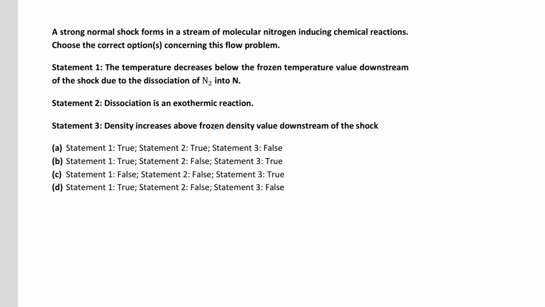The temperature decreases below the frozen temperature value downstream of the shock due to the dissociation of N2 into N. Statement 2. Dissociation is an exothermic reaction. Statement 3. Density increases above frozen density value downstream of the shock.